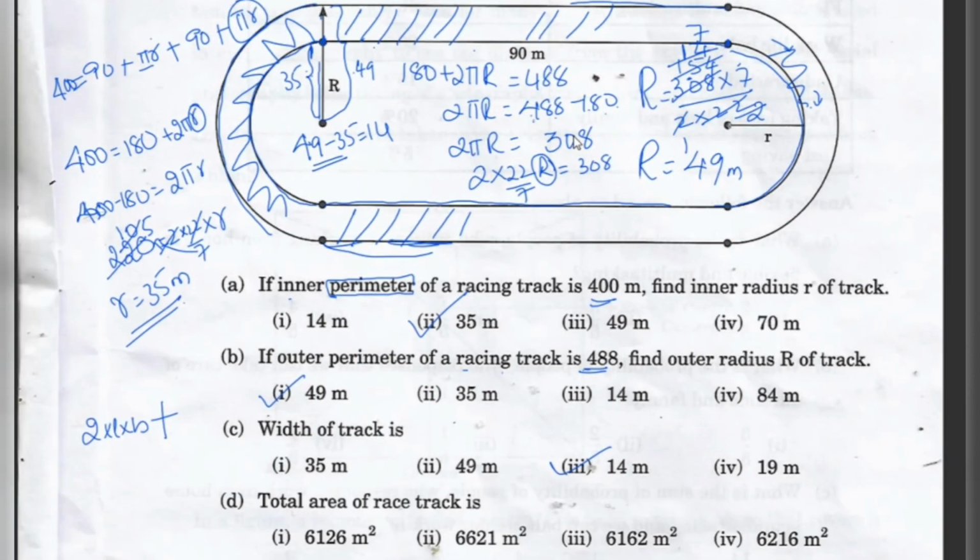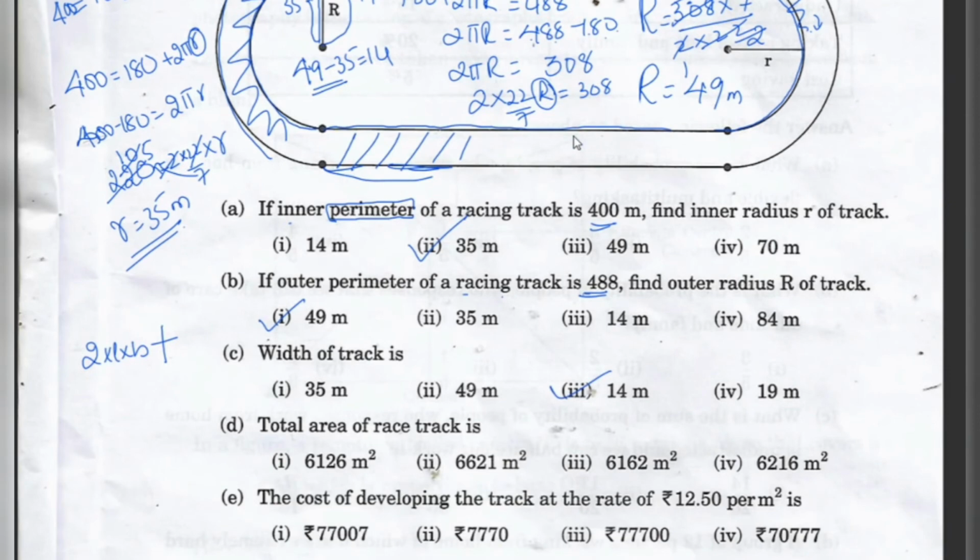To find the concentric semicircular track, it is pi into capital R square minus small r square. We don't want the whole area, we want only the track part in this case. Pi r square is for the circle, so for the semicircle we divide by 2, and the 2s cancel. Why this 2? Because there are two semicircular tracks. And the divide by 2 is for the area of the semicircle.